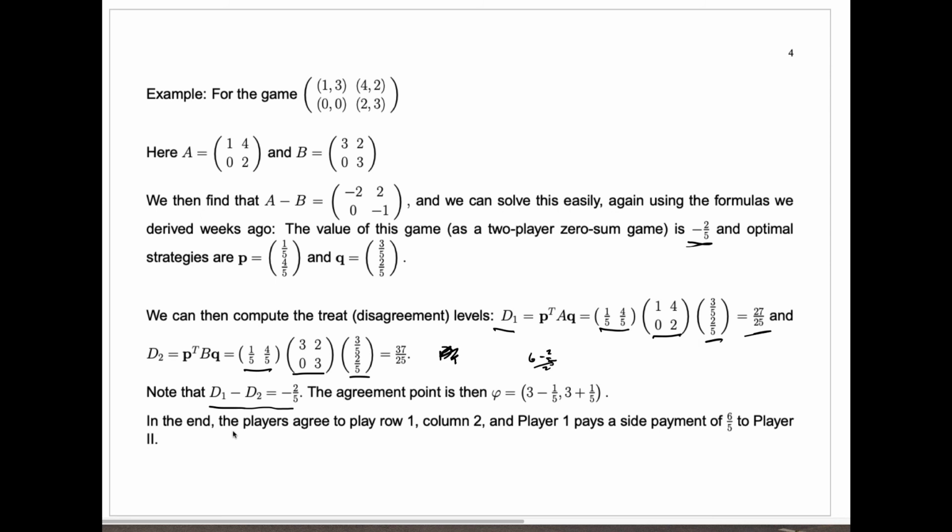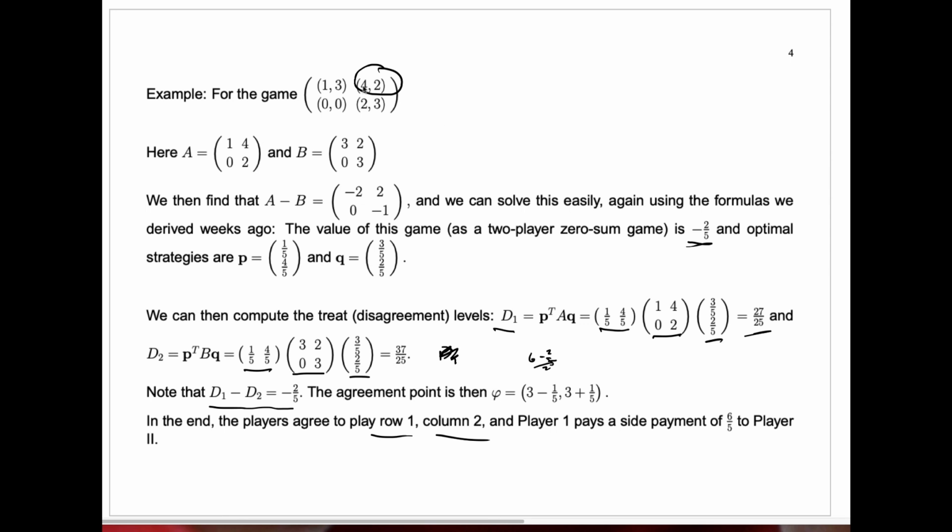In the end, let's restate that clearly. In the end, the players should agree to play row 1 in column 2. They really want to agree to play this to get the maximum total payout, what we've been calling sigma, which is the 6. And they'll distribute that by making a side payment. How much is the side payment?